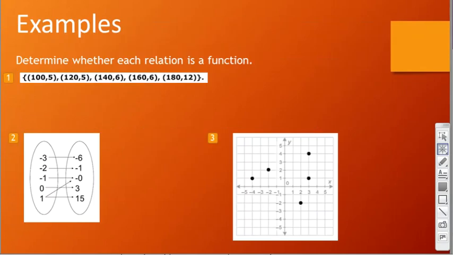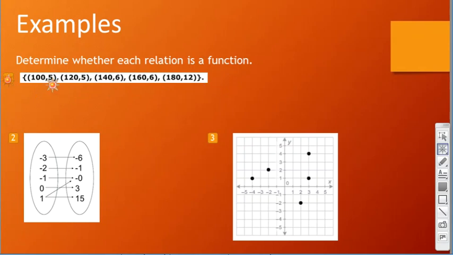Okay, here are 3 different examples. We actually used these examples when we were talking about domain and range of each relation, but I want you to now look at them to determine whether each of these relations is a function. So let's look at 1. In order for a relation to be a function, each x value has to be paired with a different y value.